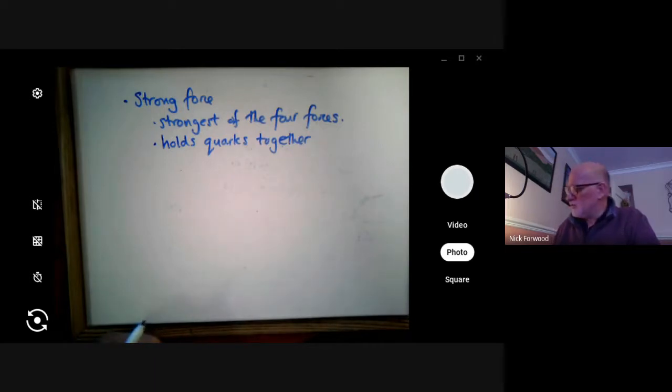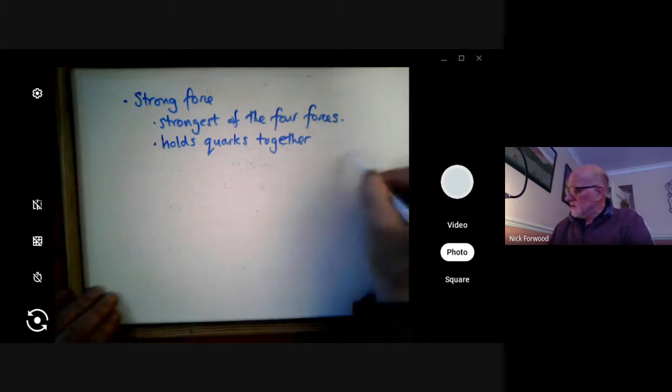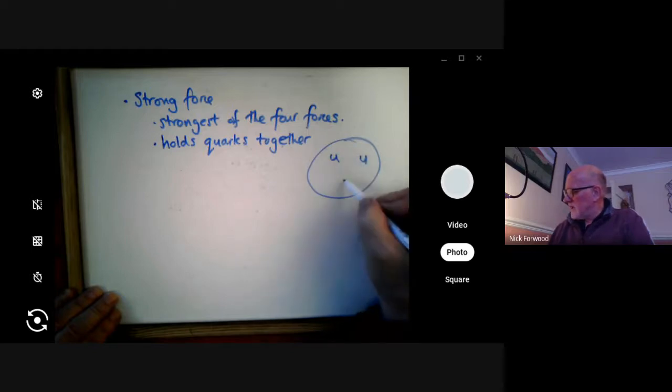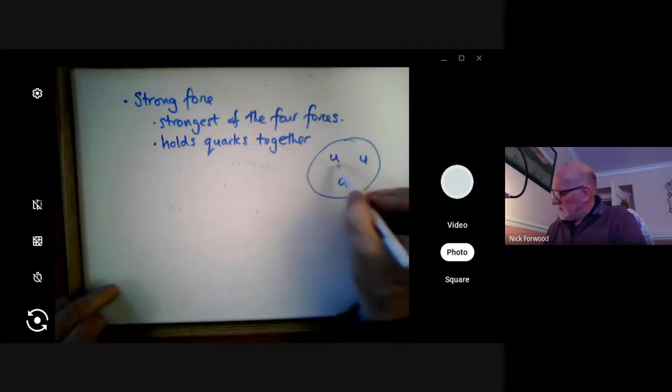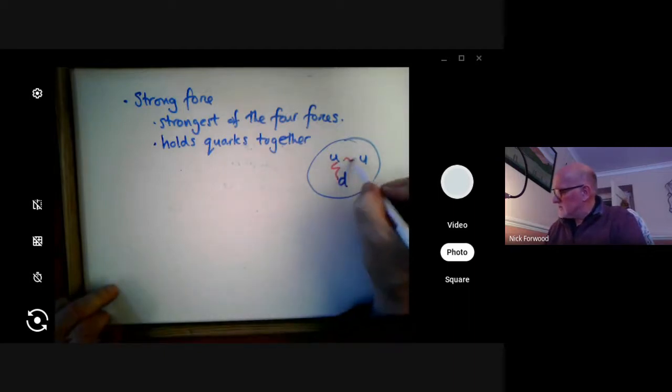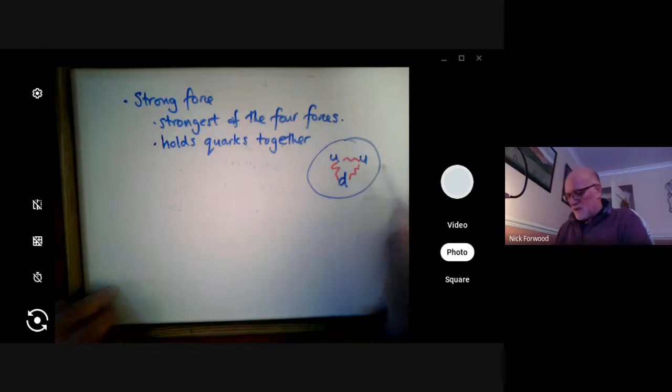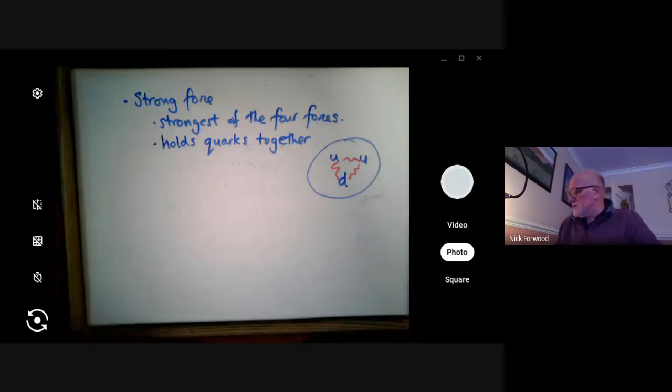Now, I drew earlier in another lesson a proton, and I put an up and another up, and I put a down inside our proton, and I drew some squiggly lines, and it's these squiggly lines that are the strong force that I drew before.